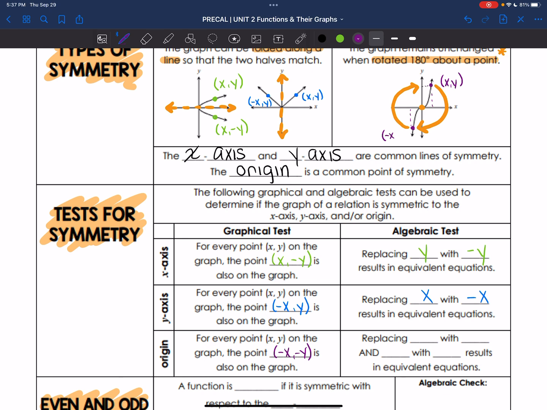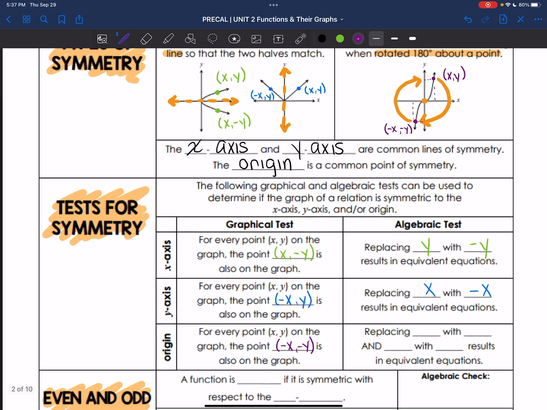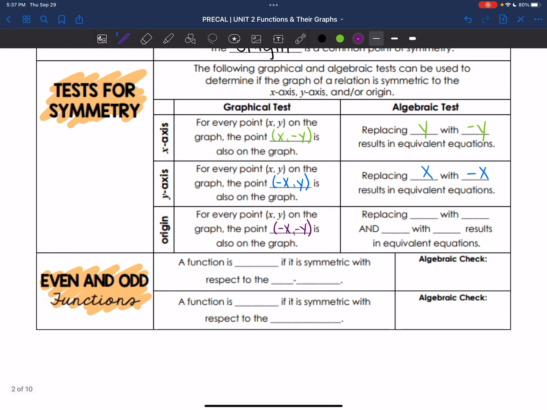And instead of a height of positive y, it's a height of negative y. So how do we test that algebraically? We do so by replacing y with the opposite of y, and also x with the opposite of x into our equation, and we should have an equivalent statement.